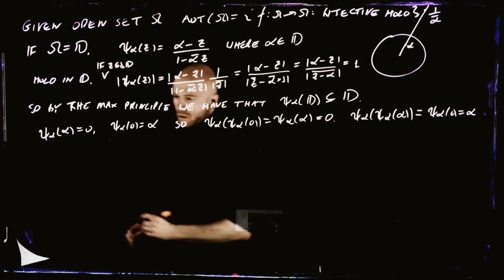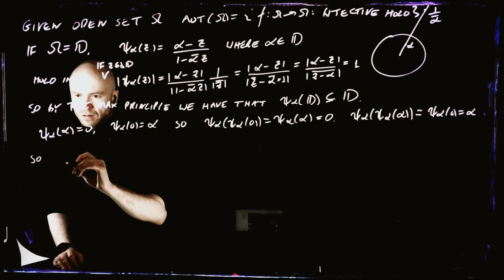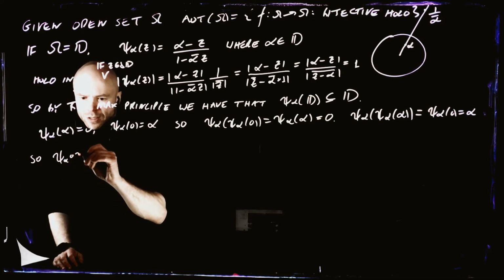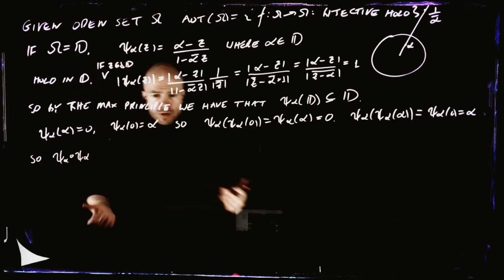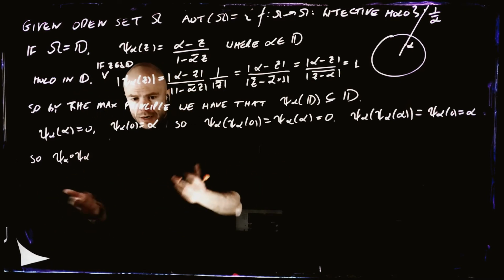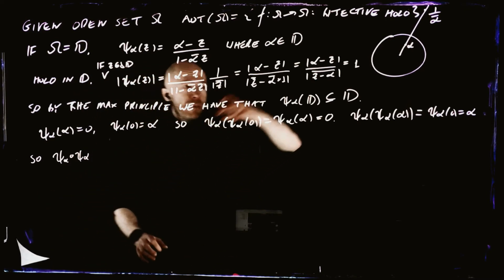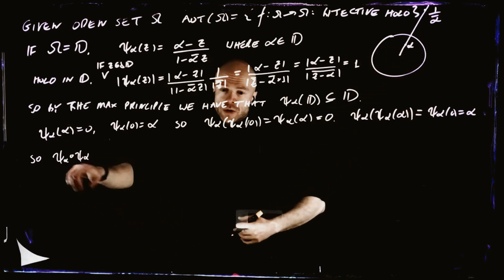Yeah? So phi alpha composed with phi alpha. This is a perfectly well-defined holomorphic mapping, right? Because we know that phi alpha is mapping into the disk, so then we can compose again with it, right?